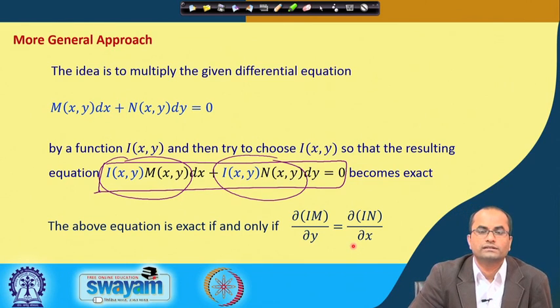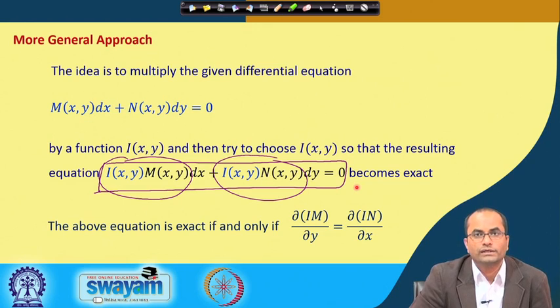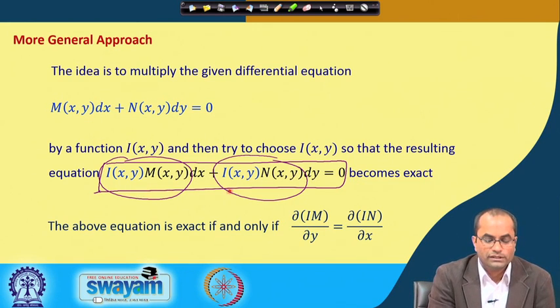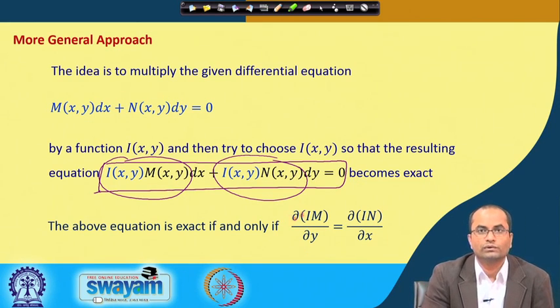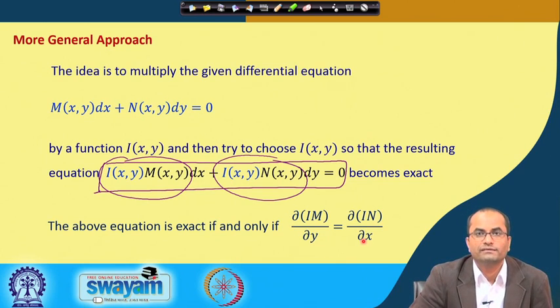That is the necessary and sufficient condition for the exactness of a differential equation. So, if this is exact, then this condition must hold, and out of this condition we will try to derive, in some special cases, this I, which we need as the multiplier or the integrating factor.